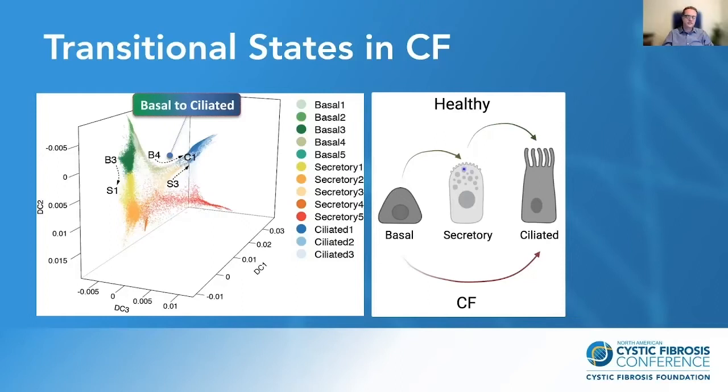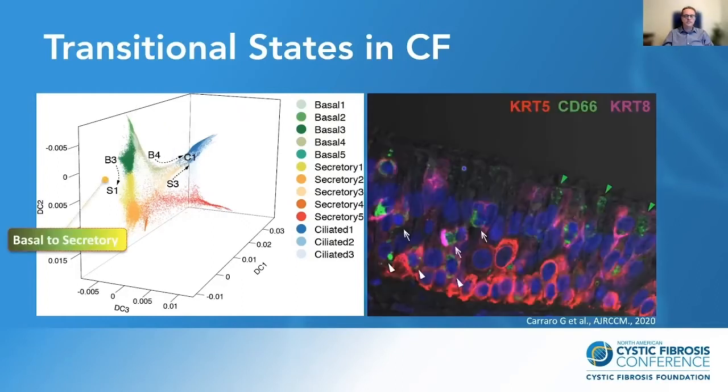differentiation to ciliated cells. If we look at this other branch between this subset of basal cells, B3, that we call secretory primed basal cells, and this specific subset of secretory cells, we identified this other subset of basal cells. They are primed to become secretory.